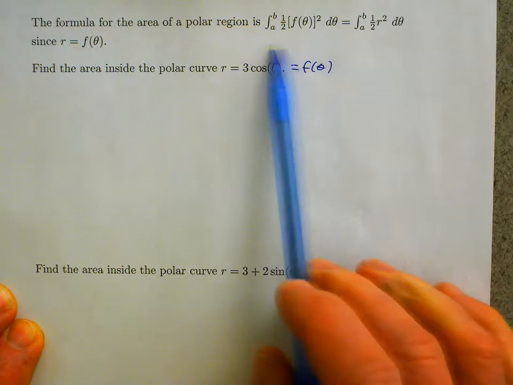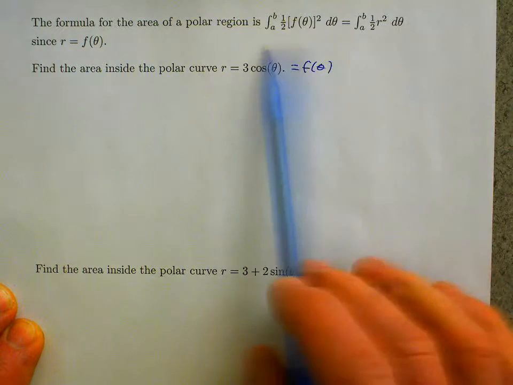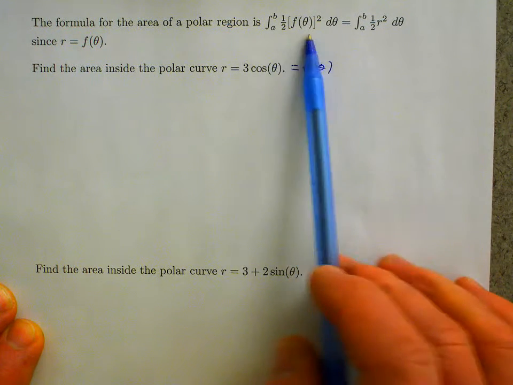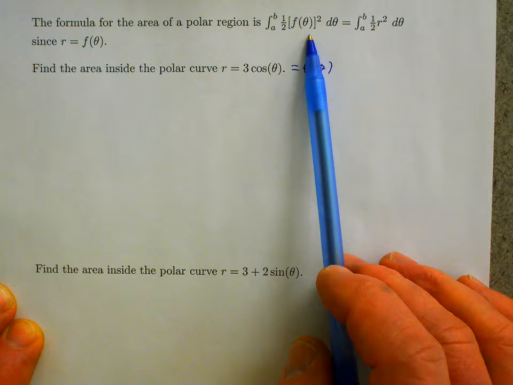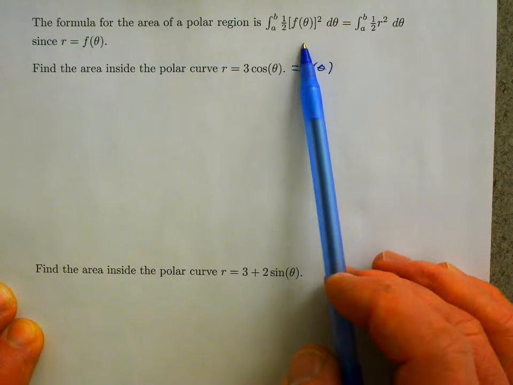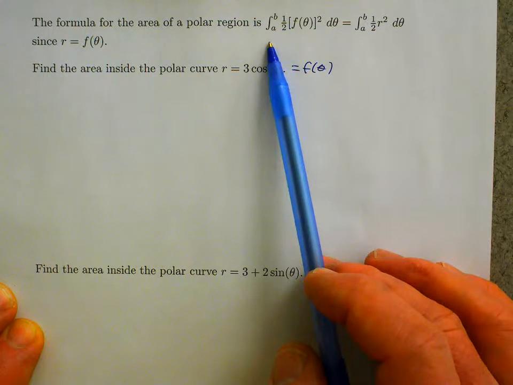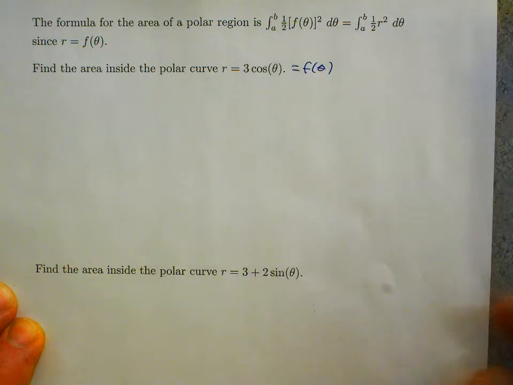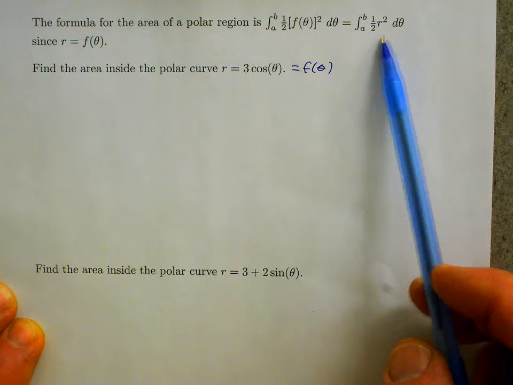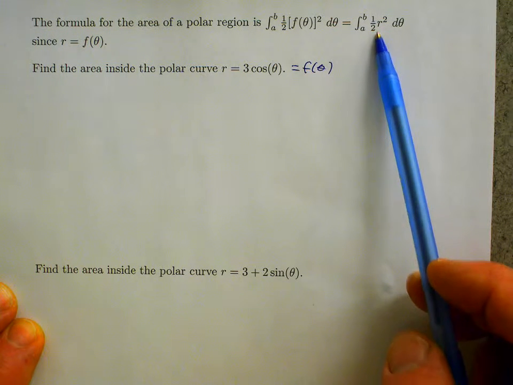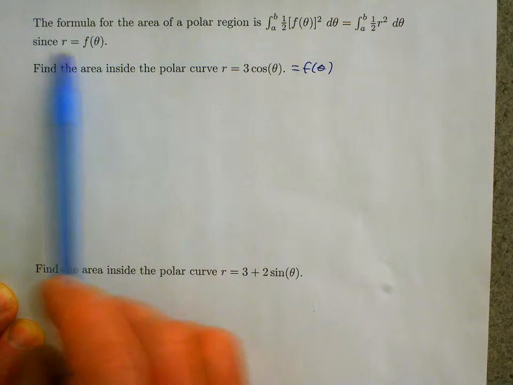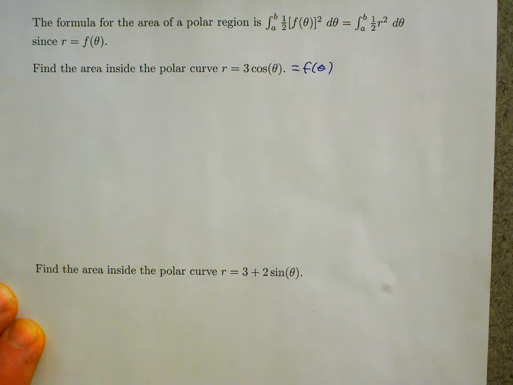You can use these equivalent formulas. This is the one that we just wrote down a few seconds ago. The definite integral of 1/2 times the square of f of theta from theta equals a to theta equals b, or you can write it this way, the definite integral of 1/2 r squared d theta from theta equals a to theta equals b, since r equals f of theta.